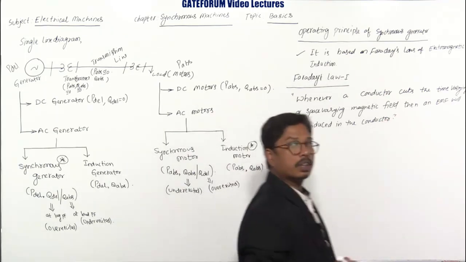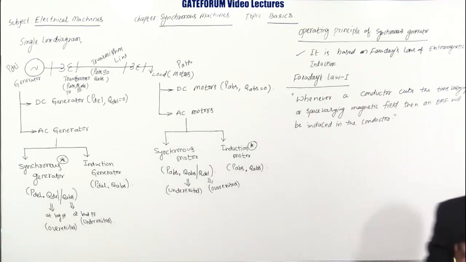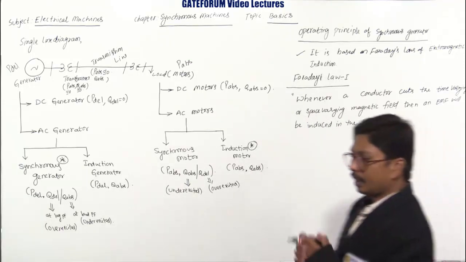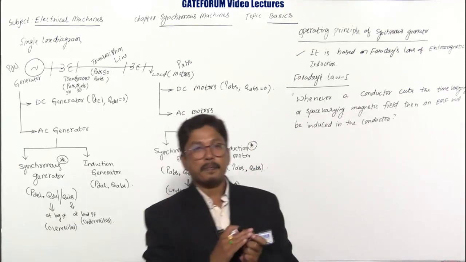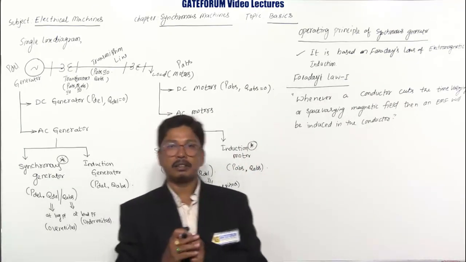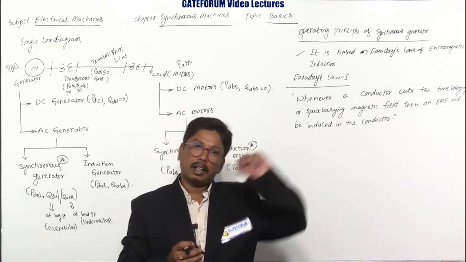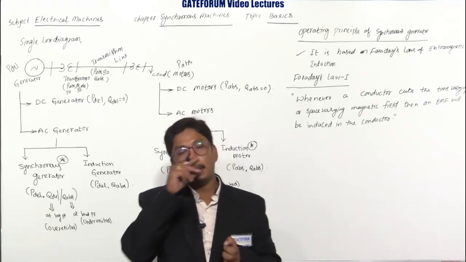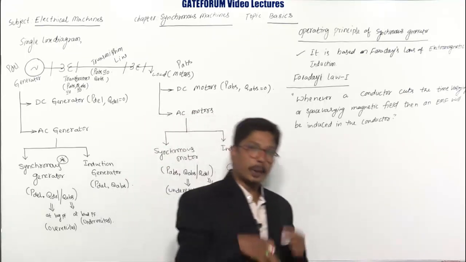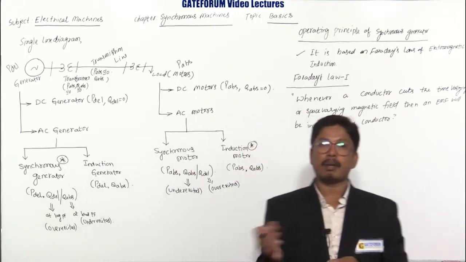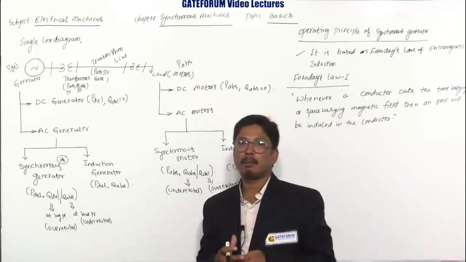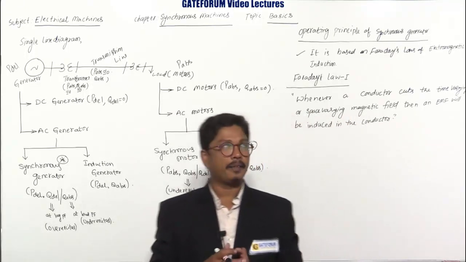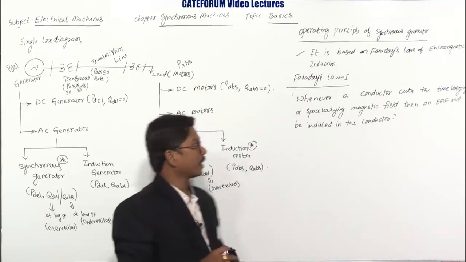So whenever a conductor cuts the magnetic field, it may be a time varying magnetic field, that means an alternating magnetic field, or a space varying magnetic field, which is nothing but the rotating magnetic field, right? So whenever a conductor cuts the rotating magnetic field or the alternating magnetic field, then an EMF will be induced in the conductor. That's Faraday's first law, right?